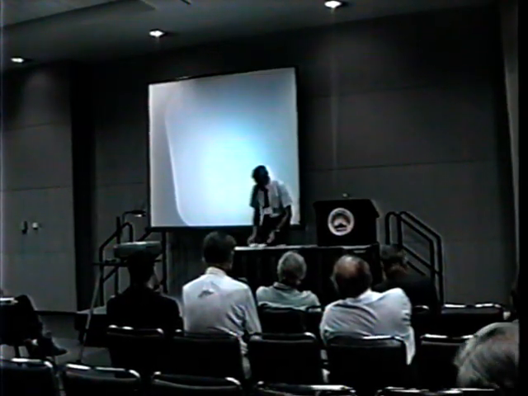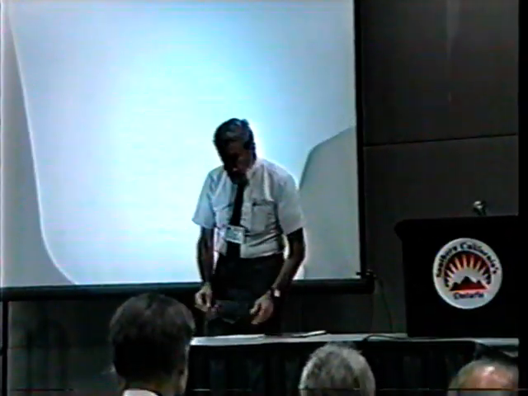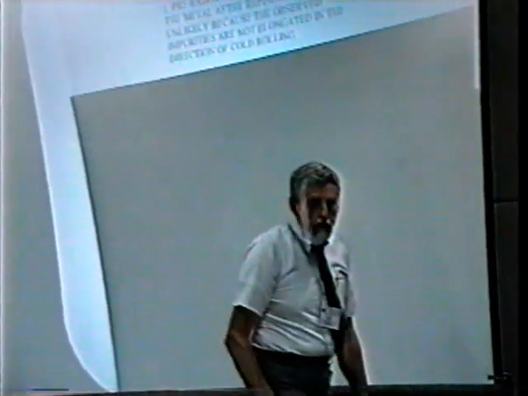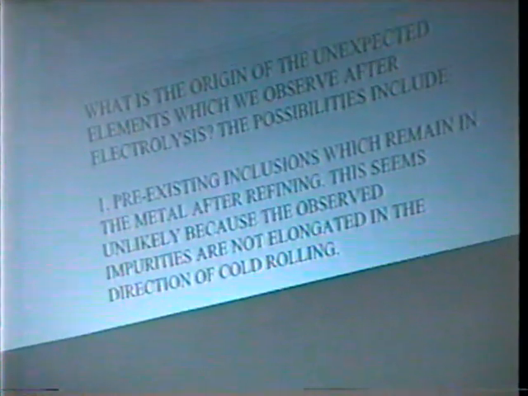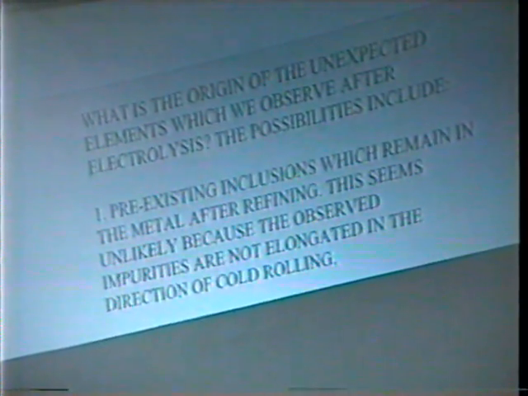What is the origin of these unexpected elements which we observe? Are they pre-existing inclusions? Well, we buy the best titanium we can find. It's supposed to be 4 nines, and we check it ahead of time.